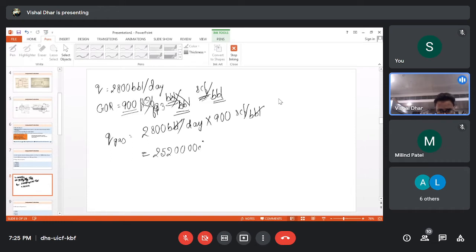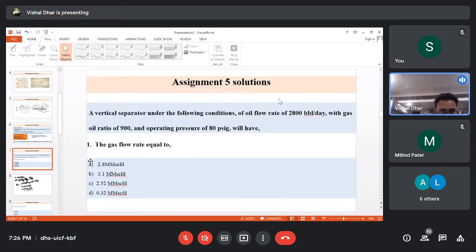Yes, this is the correct answer. So the answer will be 2.5 mmSCF per day. So the option will be option C, right?